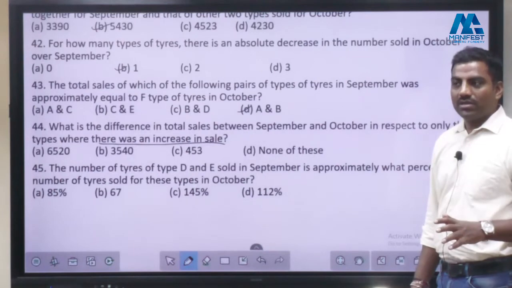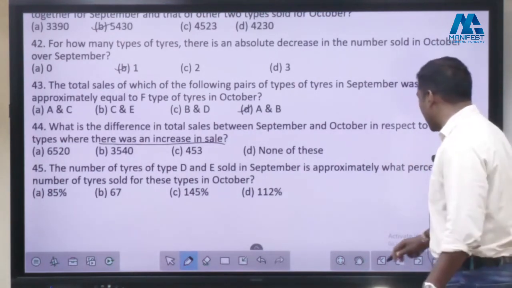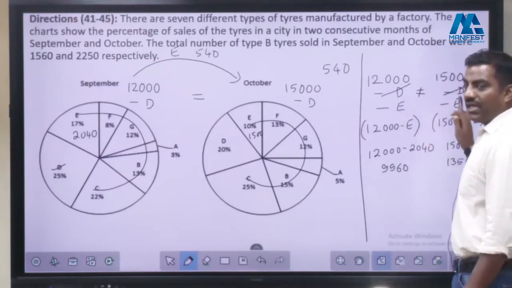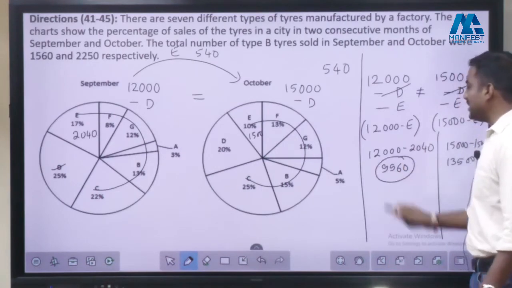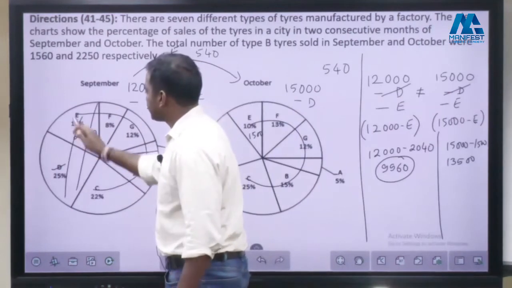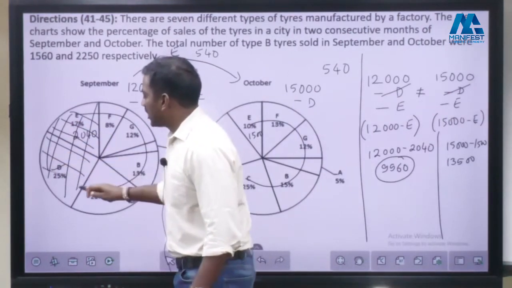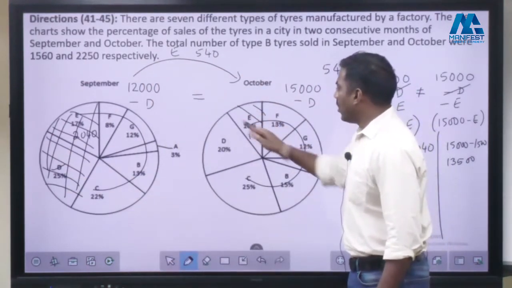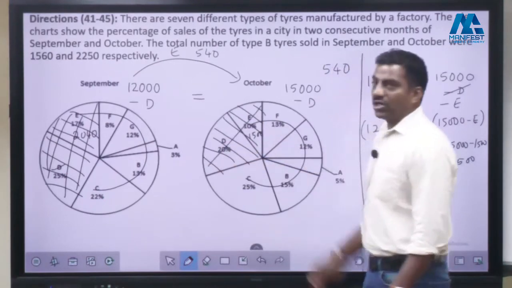Getting my point? Yes. So if you discard D and E, that is what I have done here. I have discarded D, I have discarded E. So here we got 9,960 as the production except D and E, where the increase did not happen. Here again I have discarded this D and E where the increase did not happen.